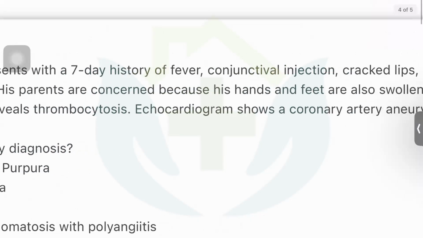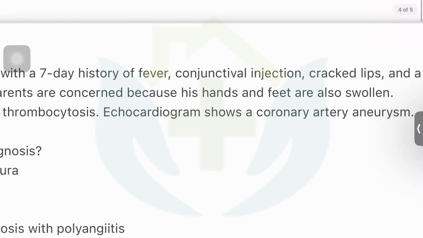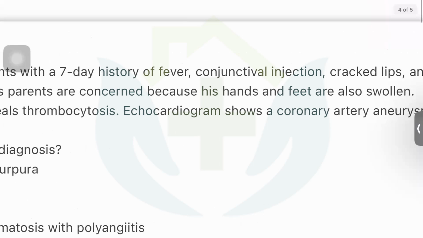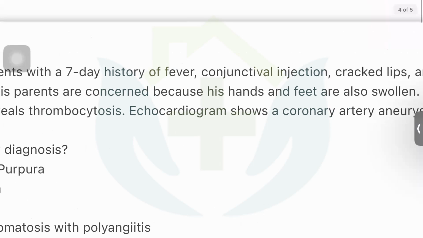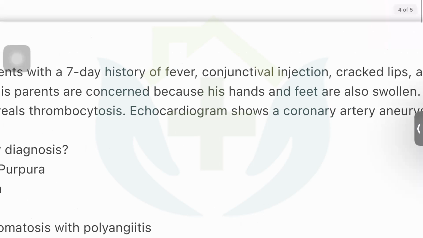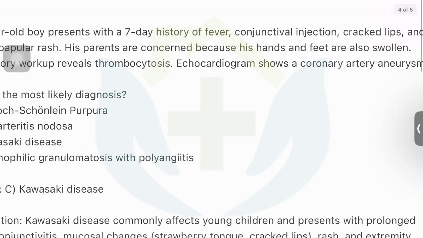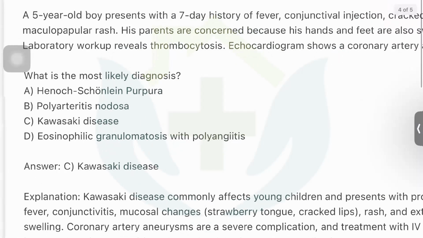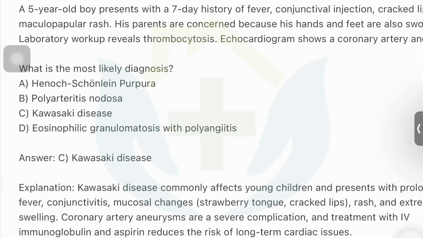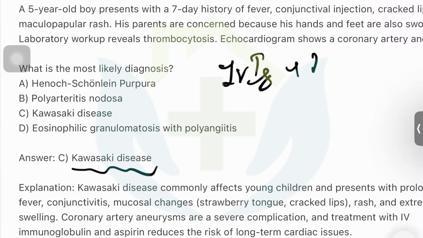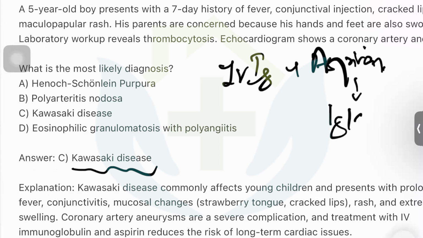Echo shows a coronary artery aneurysm in the LAD. What are we dealing with? Kawasaki disease. So how will you treat this patient? IVIG and aspirin. So what is the dose for aspirin? 1 gram per kg per day.